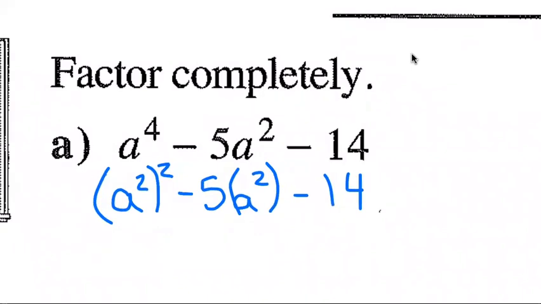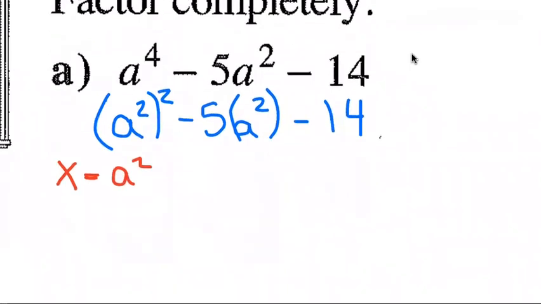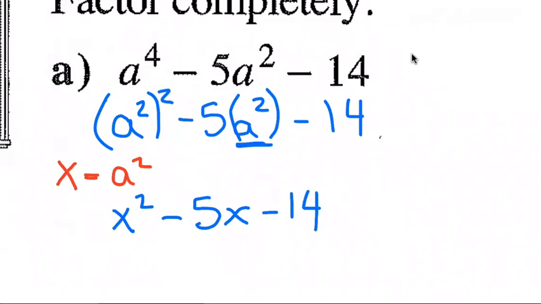And if I say, hey, you know what? At this point, let's say x is equal to a squared. Now, by substitution, I can write x squared minus 5x minus 14, just by substituting x in for the a squareds. Now, this is easier to factor. Well, it looks easier to factor, so we factor it.